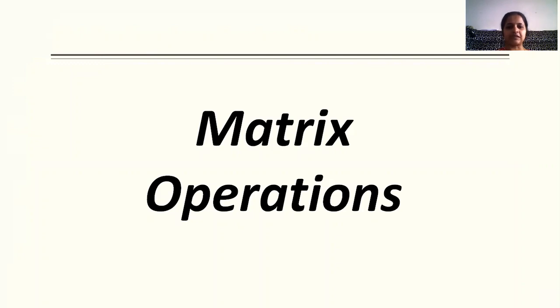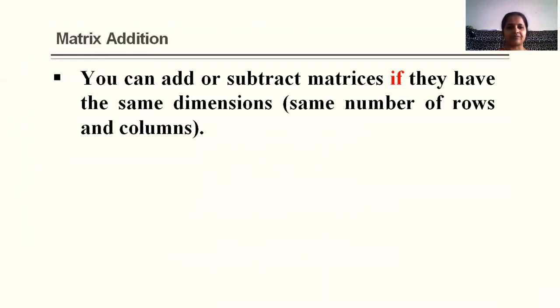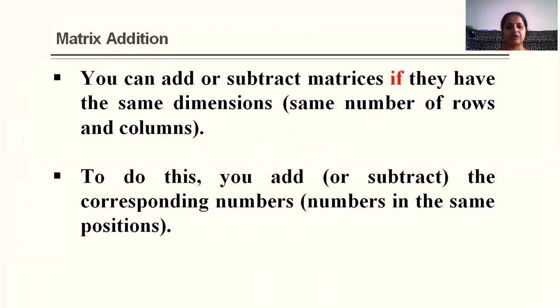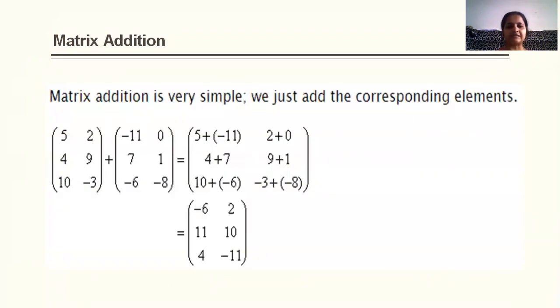So first we will see matrix addition. You can add or subtract matrices if they have the same dimension, that is, the same number of rows and columns. To do this, you add or subtract the corresponding elements, that is, the numbers in the same positions. So here we can see an example of matrix addition.